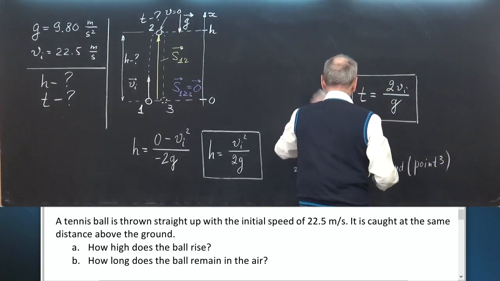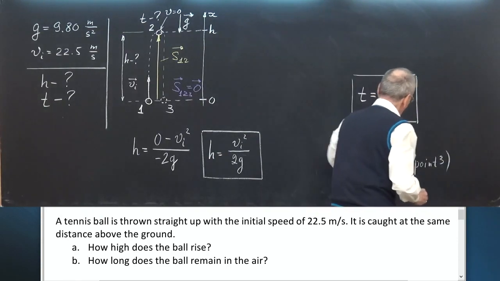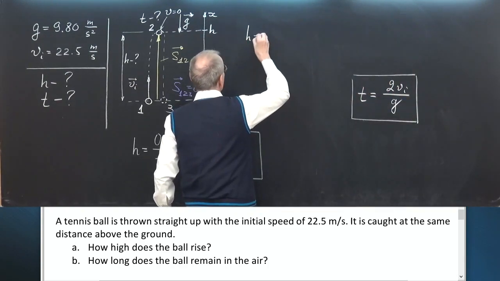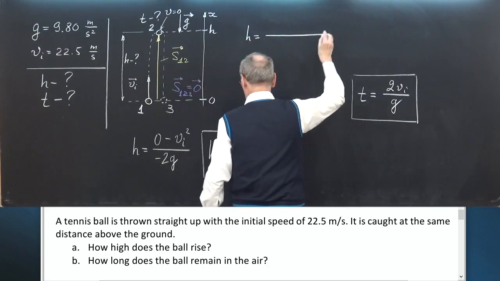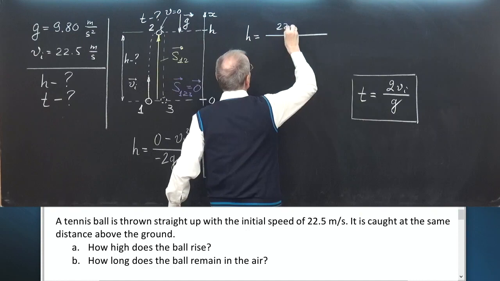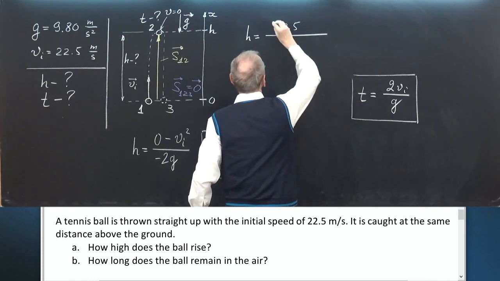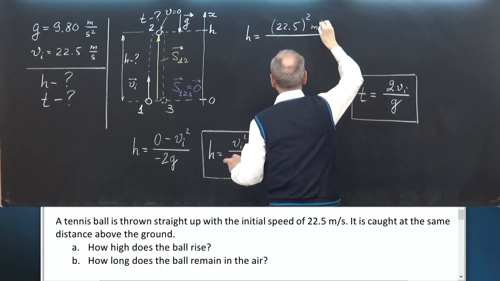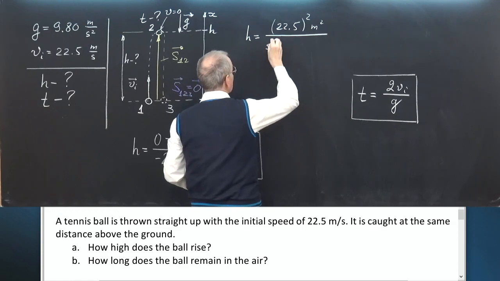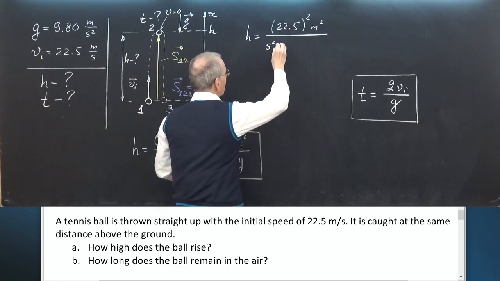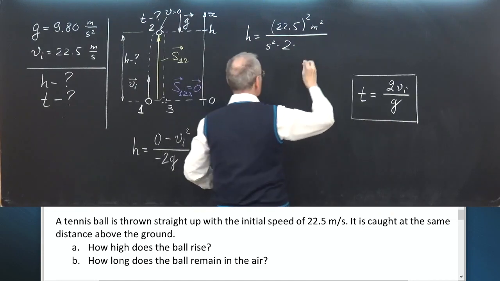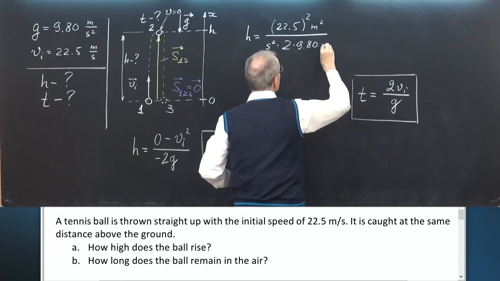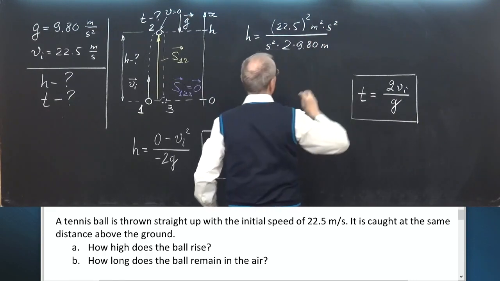Let's calculate the results. H equals 22.5 squared meters squared over seconds squared, times 2 times 9.80 meters per second squared.